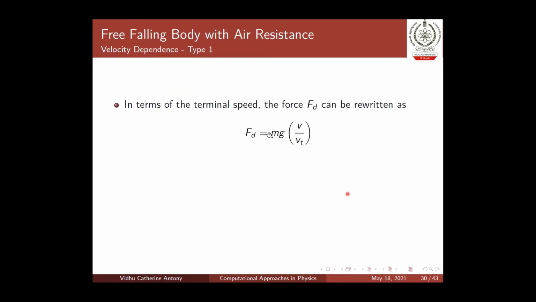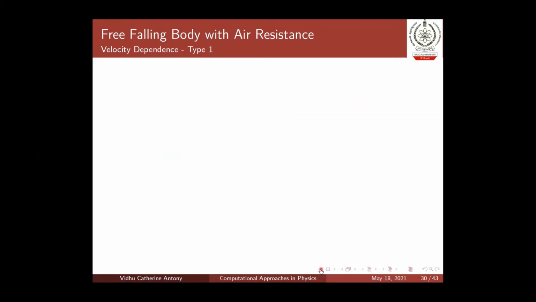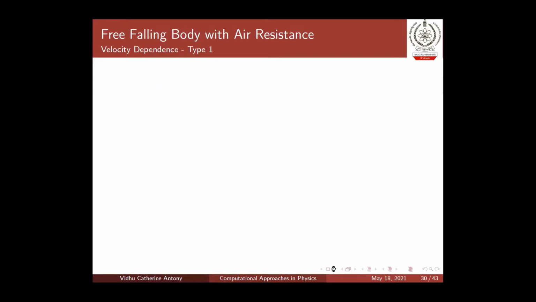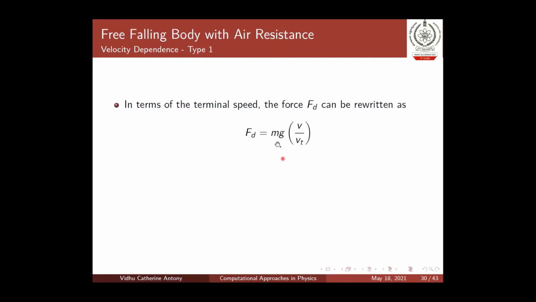Now let's look at this in terms of your terminal speed. Let's just go back and look at this. What have they asked for? They've asked for Fd. So in terms of your terminal speed, the drag force can be written in this manner: mg into v divided by vt. What you've done is basically replaced the k in terms of your terminal velocity. So this is going to be the drag force in the upward direction, so it's going to be positive.